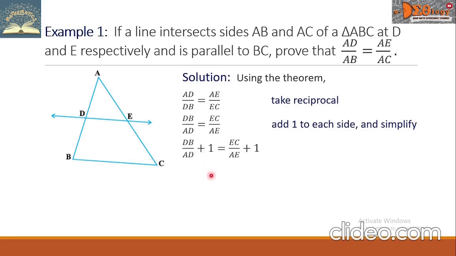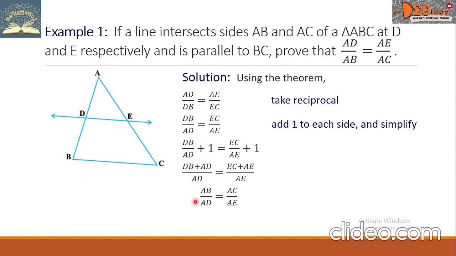When we simplify, the left side becomes DB plus AD over AD equals the right side EC plus AE over AE. Now look at our figure. In the first fraction, DB plus AD we can simplify as the side AB.